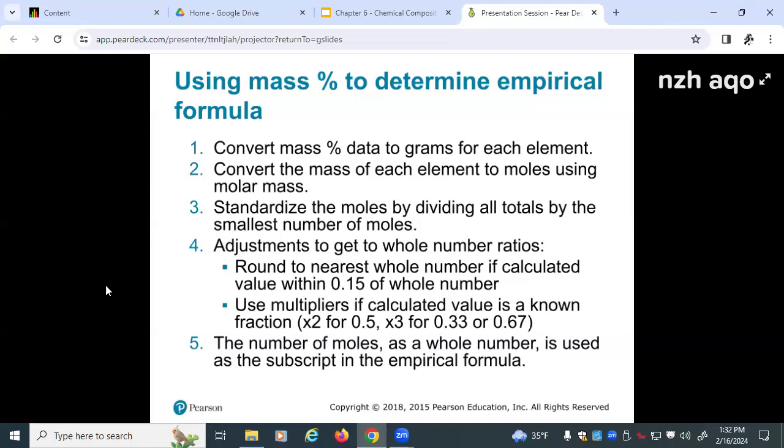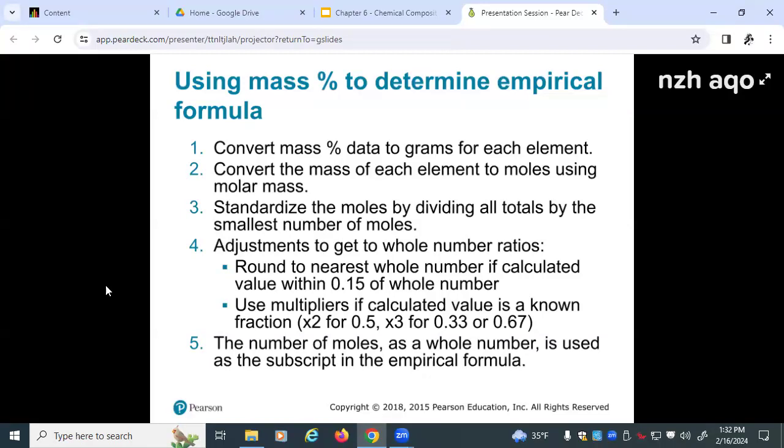The second step is something that you already know how to do. We're going to turn the masses into moles using molar mass. Something we've been doing all week here. The third step is a little bit funky, but what we're doing is standardization. And what I mean by standardization is the end goal is I need to get everything to whole numbers. The simplest whole number is 1.